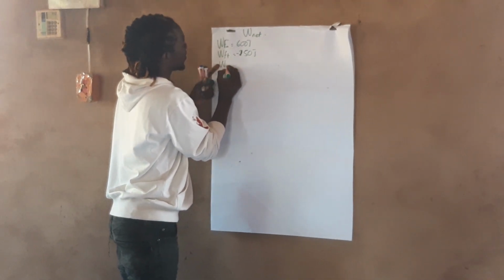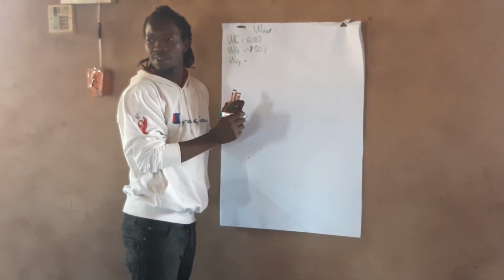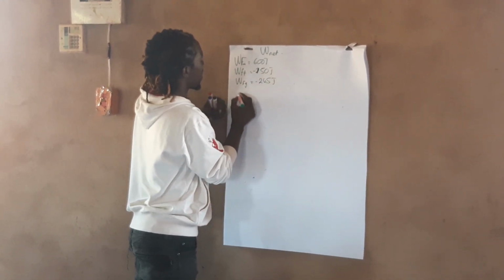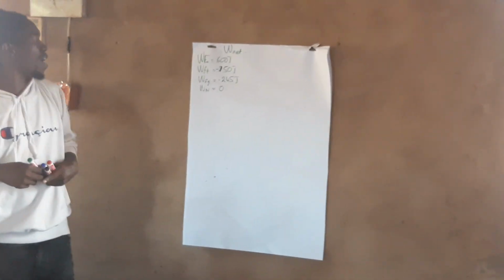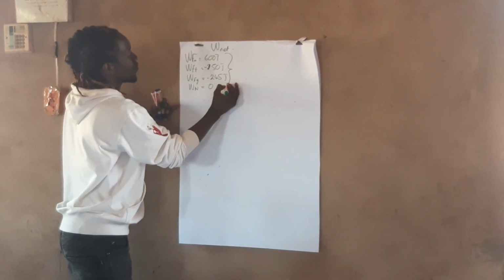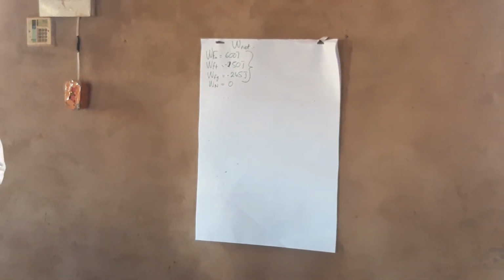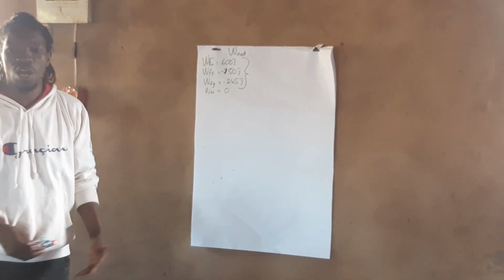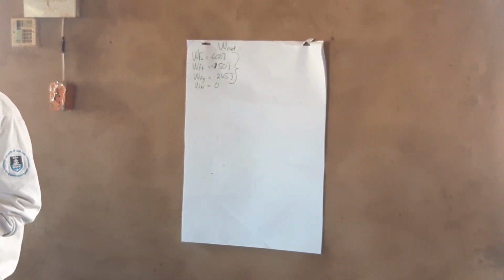The work done by the frictional force was negative 150. The work done by the gravitational force was negative 245 joules. And the work done by the normal force was 0. So now we have three forces that are doing something and one force that is just a placeholder. After finding the work done by each of these forces, we are interested in finding the work done by all forces together.